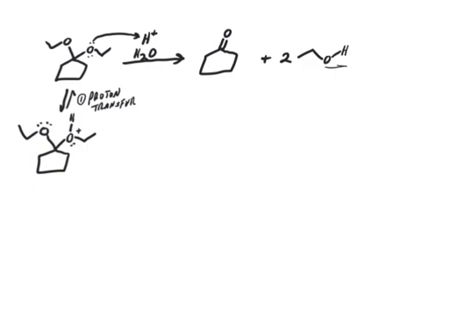Okay, the next step is going to be the elimination of that first alcohol. So these electrons can come in and help push out the alcohol. So the second step is going to be elimination of the alcohol.